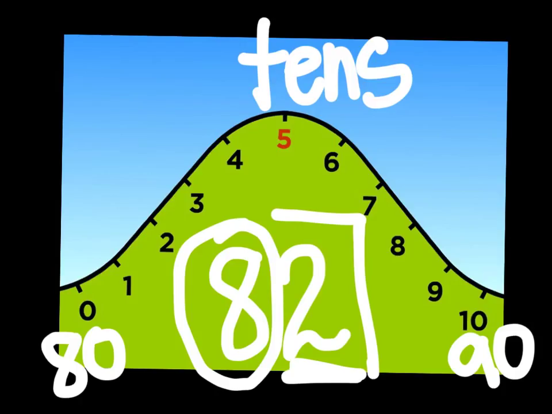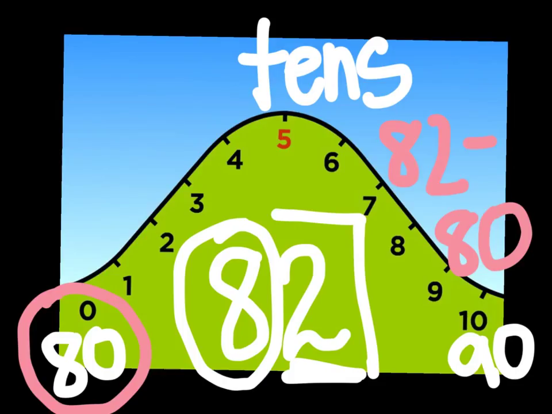So point to 2 on our rounding hill here, our roller coaster. The 2 is right here. So if my car was sitting here, it would head backwards. If it stopped right here, it would head backwards. And so 82 would round to what 10? If you said 80, that's correct. So 82 rounds to 80.